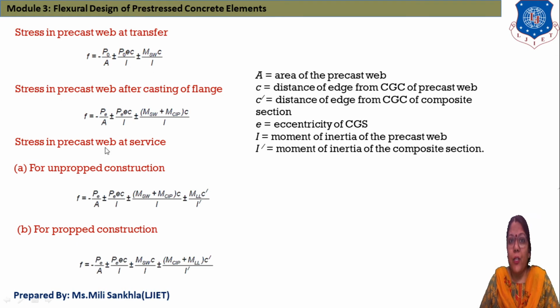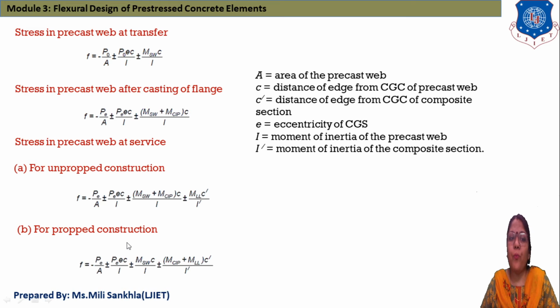For the service condition, two cases are there: it may be propped or it may be unpropped. For unpropped construction, stress is minus Pe by A plus Pe, then eccentricity e into C divided by I, plus or minus moment of self-weight M_SW, then M_CIP into C divided by I, and here we add plus or minus live load moment into C dash divided by I dash.